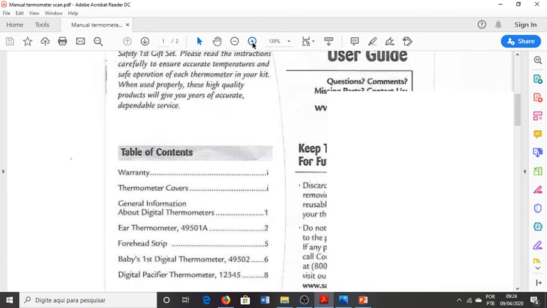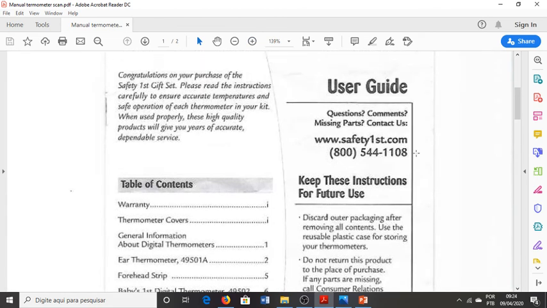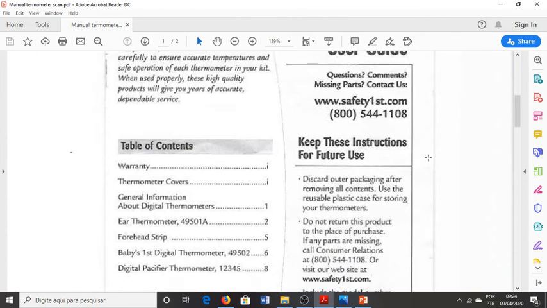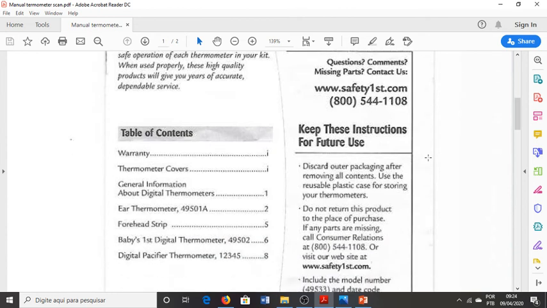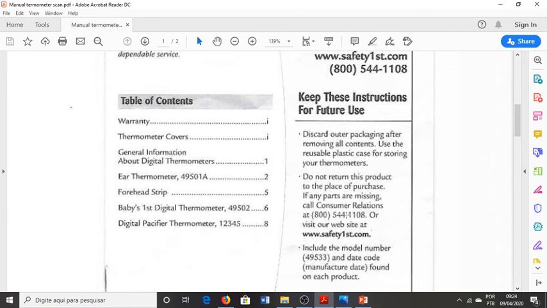Some instructions here are: you should omit the telephone numbers, because the company that distributes the product in Brazil is going to add their own telephone numbers, okay? Here and here you don't have to pay attention, you don't have to worry about that.